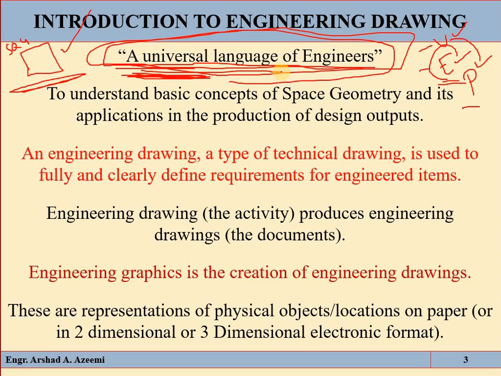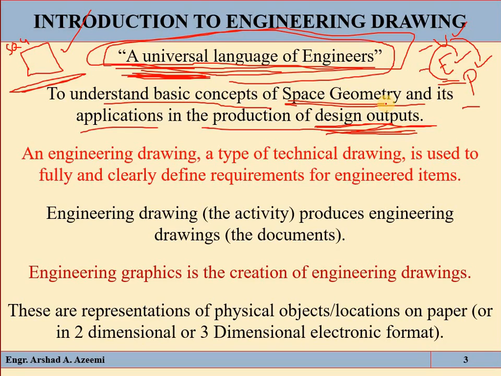To understand the basic concept of space geometry and its application in the production of design output: if you have some creative idea in your mind, based on that idea you can develop a new product, an engineering item. You can design some output. That designed output will be represented by space geometrical shapes.